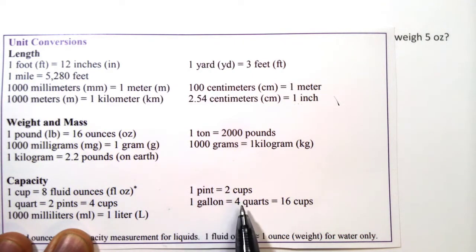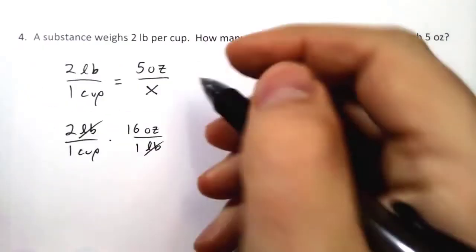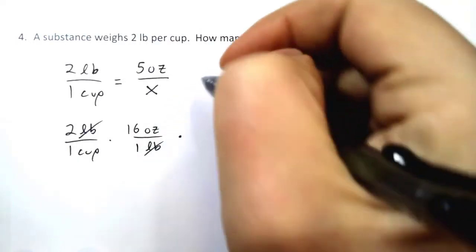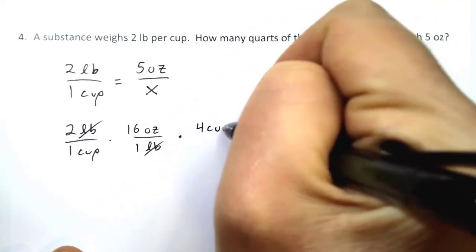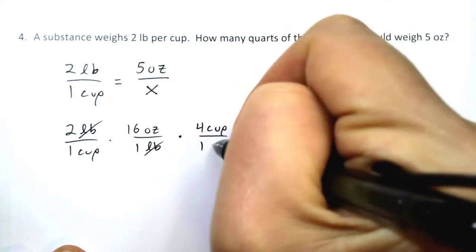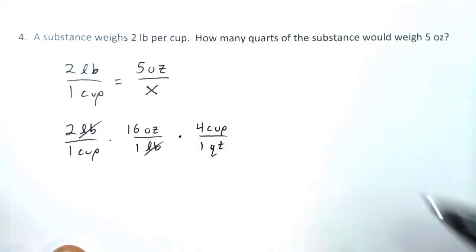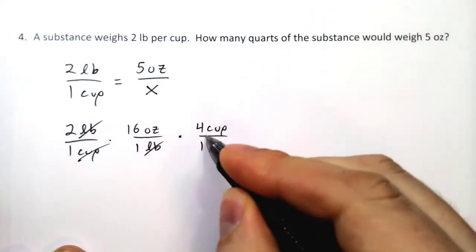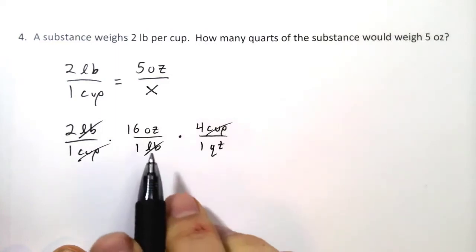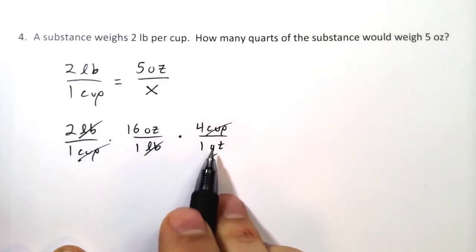Or I could use this one. 4 quarts is 16 cups. Doesn't matter. I'll use this one. 1 quart is the same as 4 cups. So I will multiply this also by 4 cups over 1 quart. And notice that that will cancel the cups. And so at the end, I'm going to have ounces per quart, which is what I want.